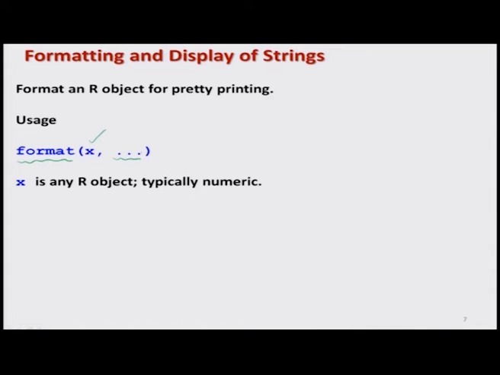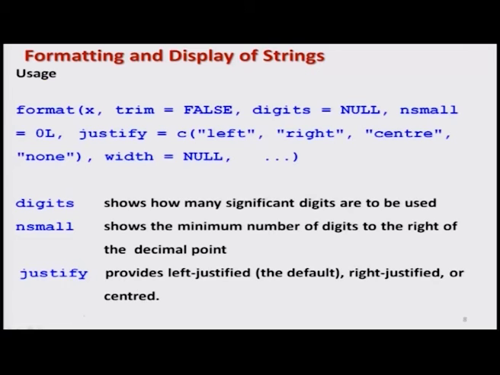This format is essentially used for nice printing, for prettier display in the required format. Here x can be any R object, but many times we are interested only in the numerical values.